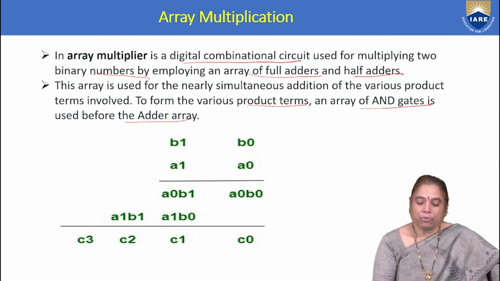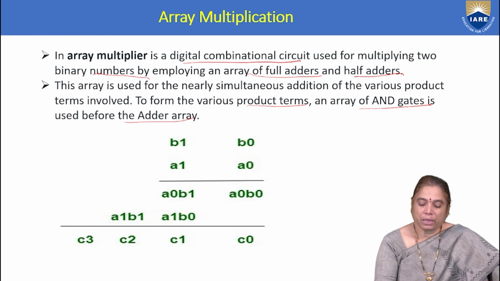So here consider two terms, B0, B1 and A0, A1. In order to perform the multiplication, the first term is taken into consideration, and the two terms written in the partial product are A0 B0 and A0 B1.